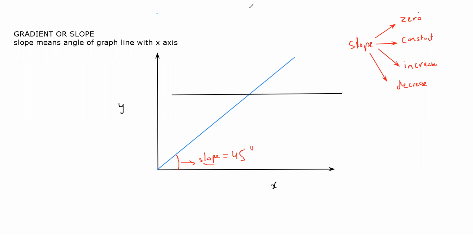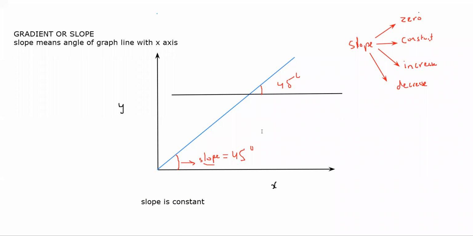What will be this angle? This angle is also 45. So at 2 points, the angle is same. If the angle is not changing, what we call that the slope of this line is constant. So slope is constant here. Is it clear?